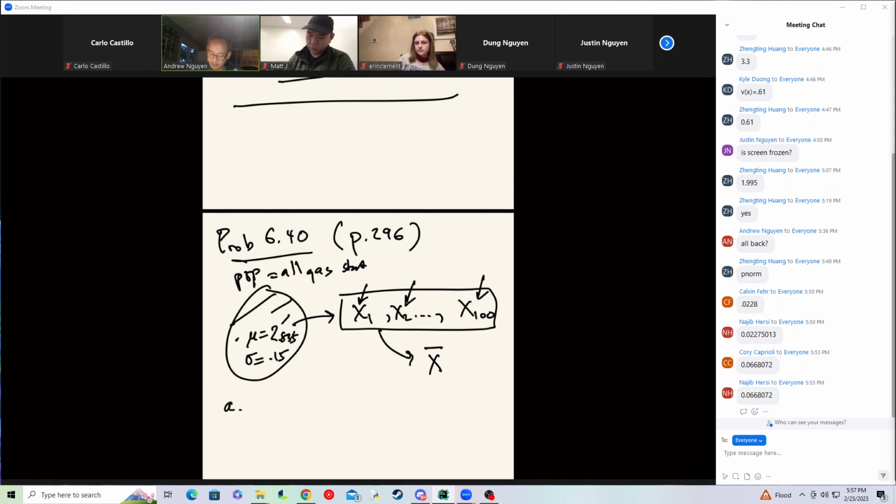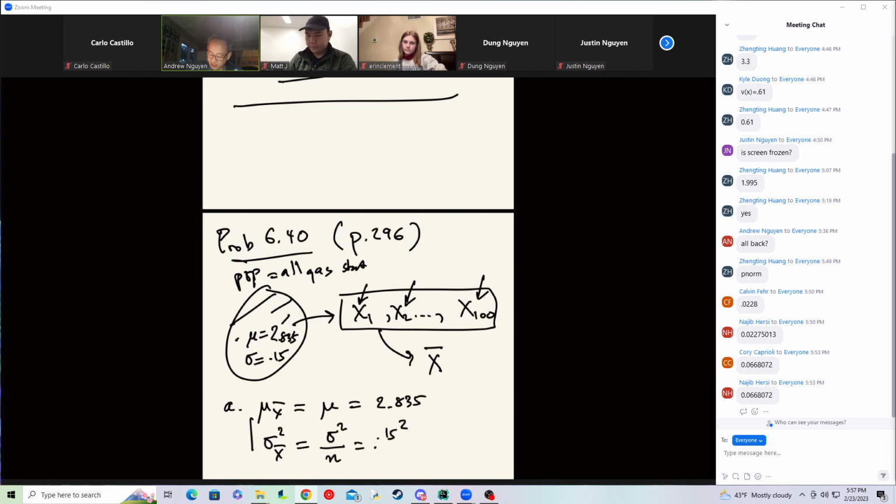Same thing. I'm looking for part A. I'm looking for mu of X bar, and I'm looking for the variance of X bar. Mu of X bar is equal to mu, which is 2.835. The variance is the population variance divided by the sample size.